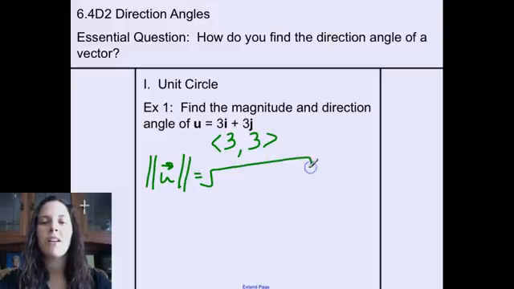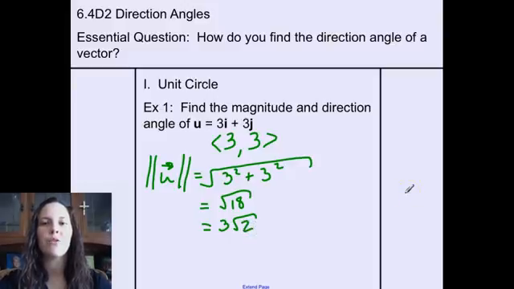Remember, the shortcut when your vector is in component form is to simply take each piece and square it, so you don't have to do the subtracting 0, 0 for the starting point. 3 squared is 9, times 2 is 18. And when we simplify our radical, the square root of 9 is 3. 9 times 2 gave us the 18. So 3 square root of 2 is the simplest form for the magnitude of this vector.